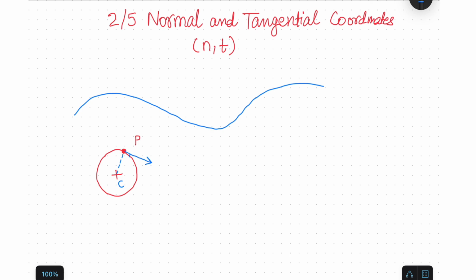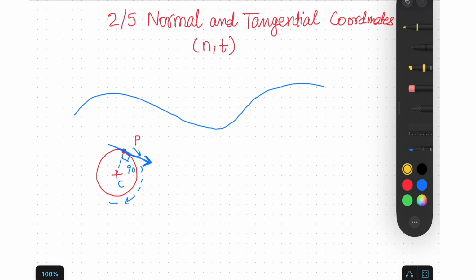This line is a tangent to this curve at point P. Now the direction: suppose the particle is moving in this direction, so our vector direction will be on this side. This blue line is our tangent.